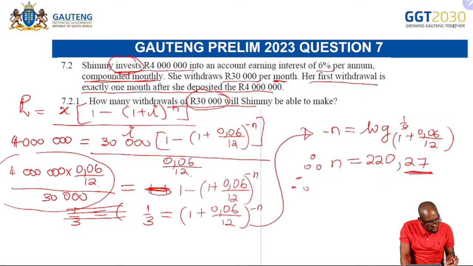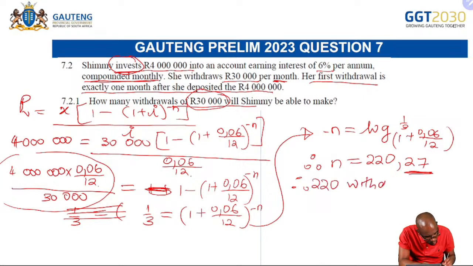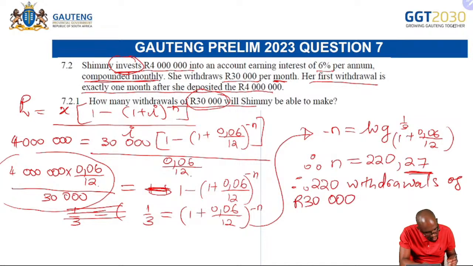So how many withdrawals of 30,000? It would be 220 withdrawals of 30,000. Remember what I said? If the question was how many withdrawals will Shimi be able to make, and they did not specify the annuity amount, it was going to be 221 withdrawals.